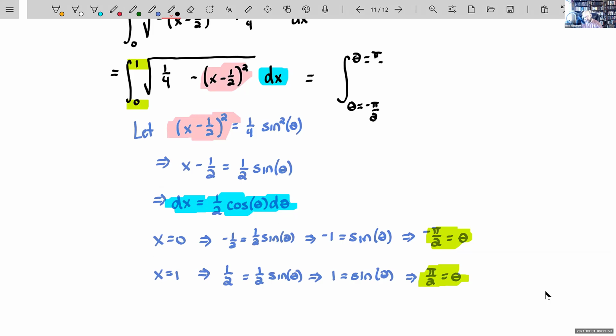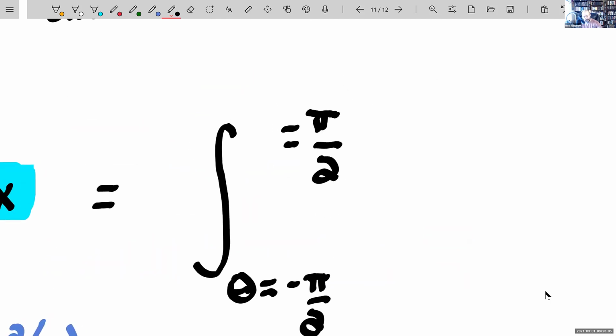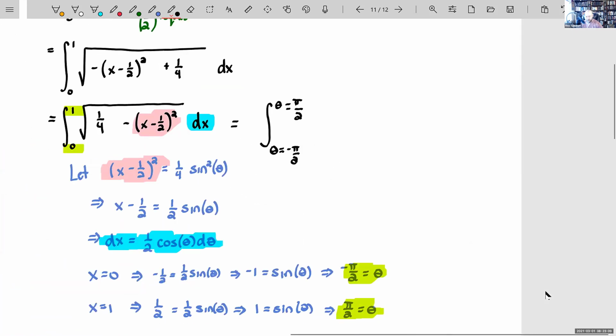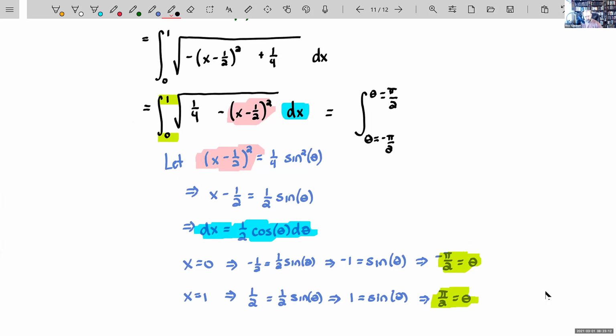And right when I write that down, negative pi over 2 to positive pi over 2, my spidey senses go off, and I immediately know that the case for symmetry might be usable. In other words, I might be able to use the fact that we're integrating over a symmetric interval.